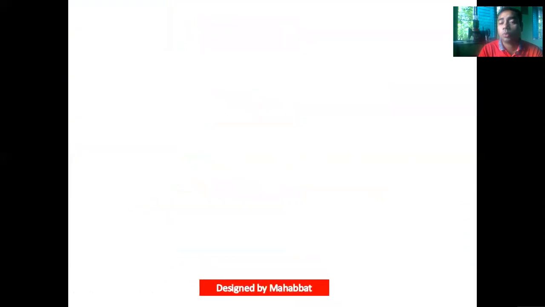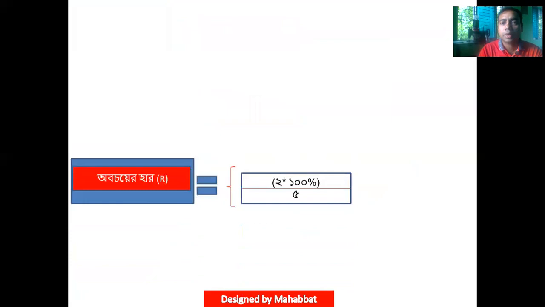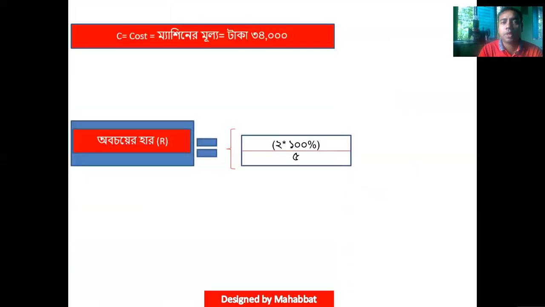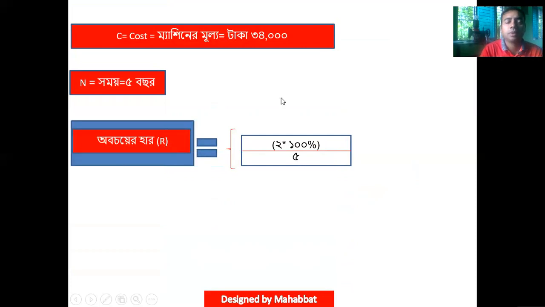Now we have to use the formula for MCQ option, multiple choice question, MCQ. In this case, C means cost of acquisition of the machinery and its taka is 34,000.